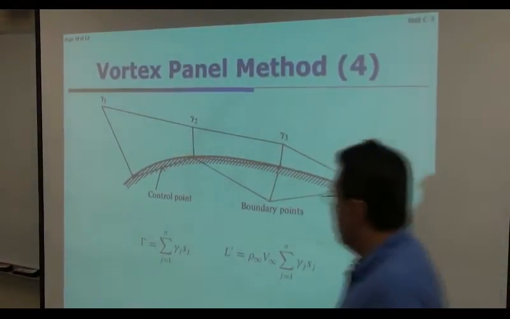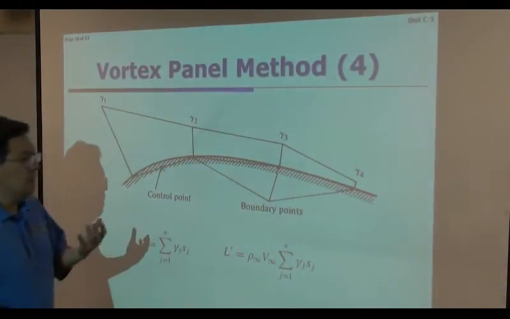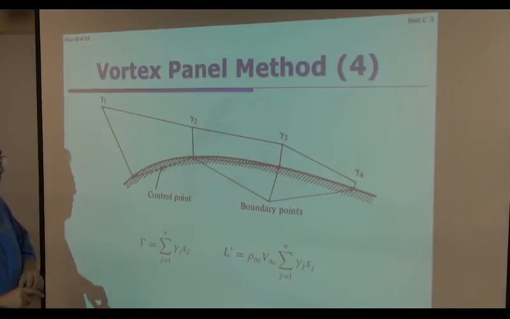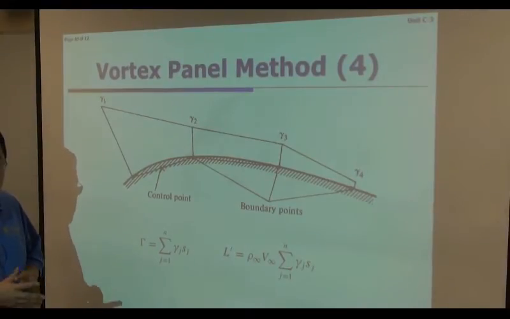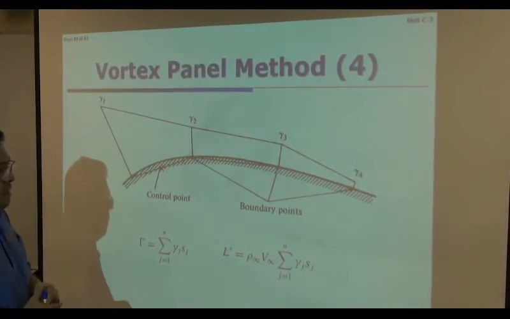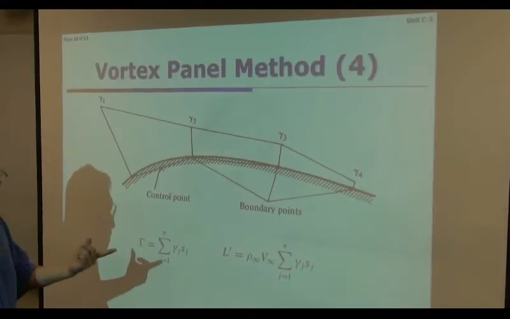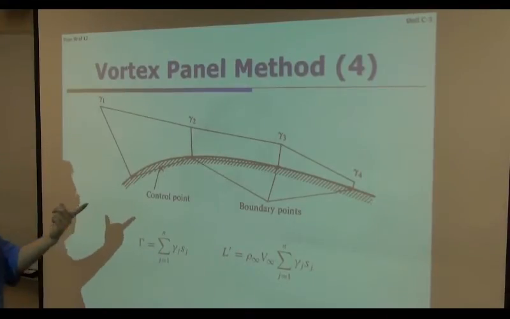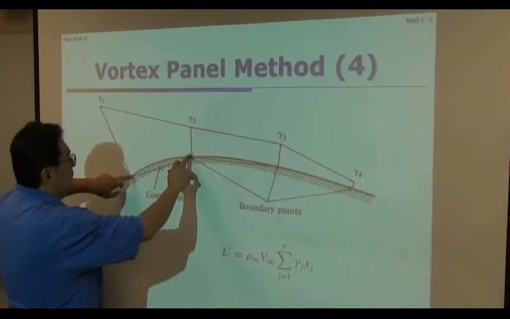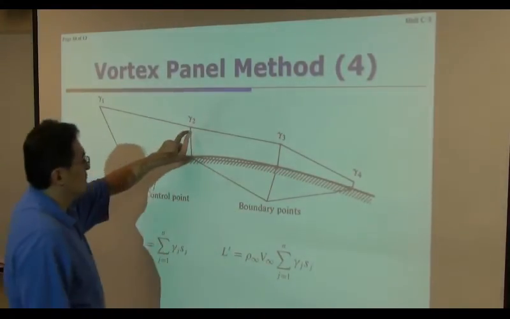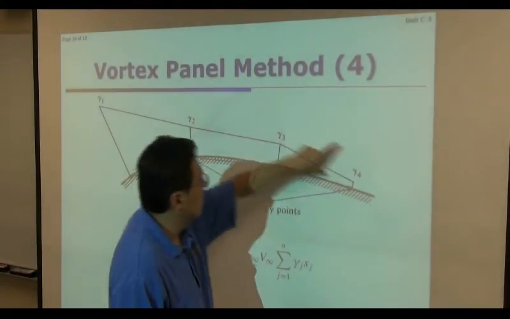Alright, next page. Vortex panel method code comes with variety, and then there are two different kinds. One is a first order code, the other one is second order code. We are going to employ first order code, which is at each panel you are going to have a circulation uniform.